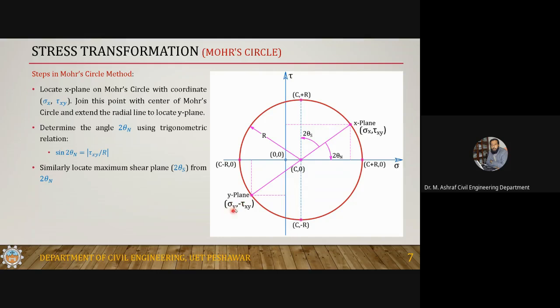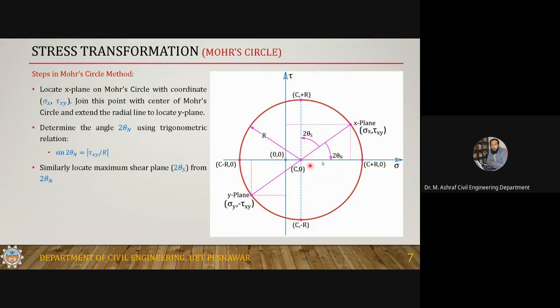Its x coordinate will be sigma y and its y coordinate will be minus tau xy automatically. So you need just to locate the x-plane and join this with the center, not with the origin. Remember, not with the origin. I am repeating: join with the center of the circle and extend it on the opposite side, so you will get this y. Okay, next.